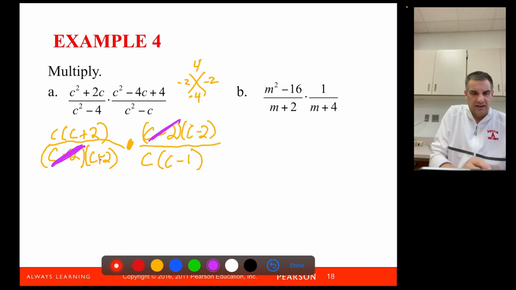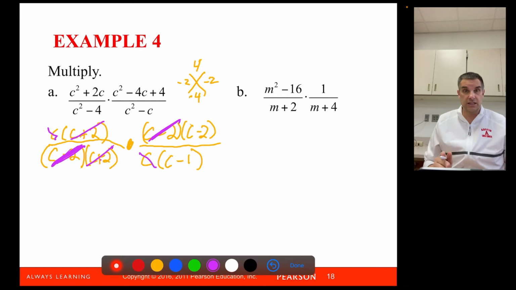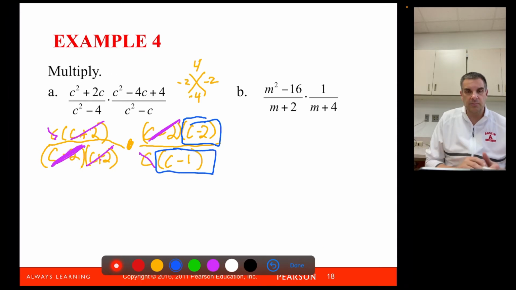I've got a c in the numerator here. I've got a c in the denominator there. They're going to cancel each other out. I've got a c plus 2 here, and I've got a c plus 2 there. They're canceling each other out. Now I look and see what's left. The only things I have left are c minus 2 and c minus 1.